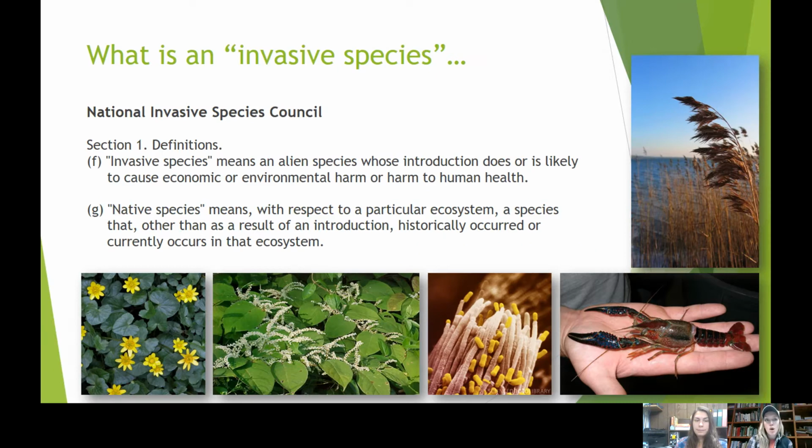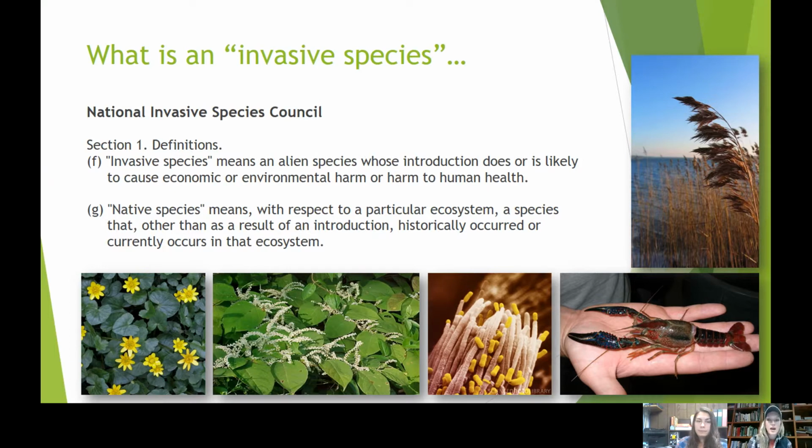Most people do know what an invasive species is, but for those of you that aren't entirely familiar with them yet, invasive species are essentially defined as alien species whose introduction does or is likely to cause economic, environmental harm, or harm to human health. And this essentially means that a particular species did not evolve within the region that you're referring to.